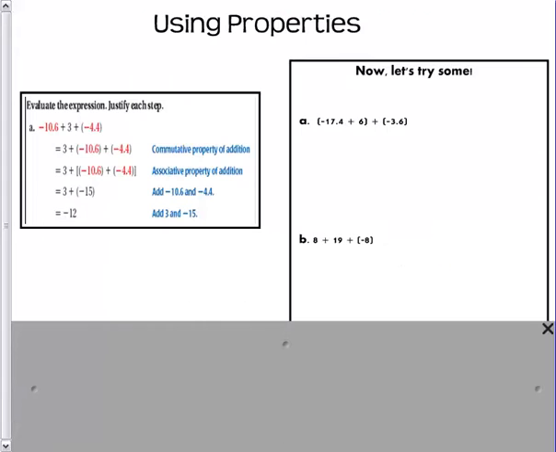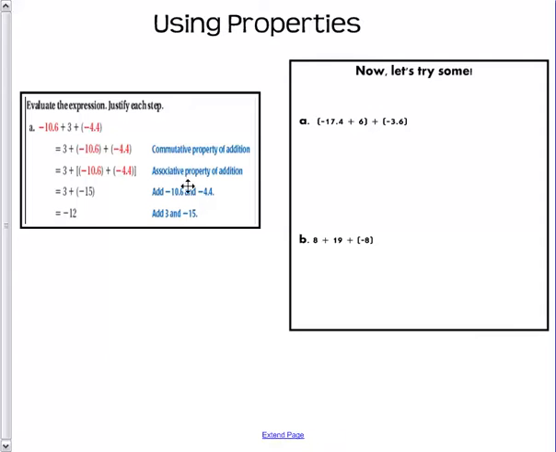Okay, so using the properties, they want us to evaluate each one of these steps and justify with what property we used. So in this first one, we see that there are 2 negative numbers. So we would add them together first and group them together. So switching the order is the commutative property, and then grouping them is the associative property.